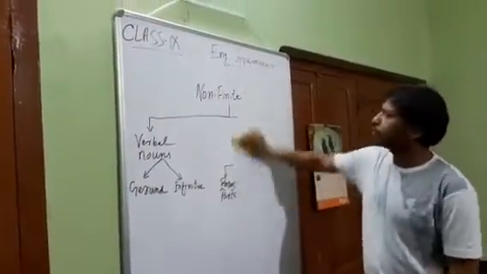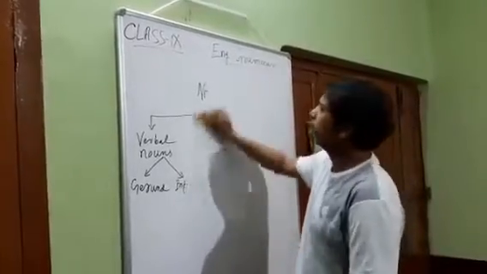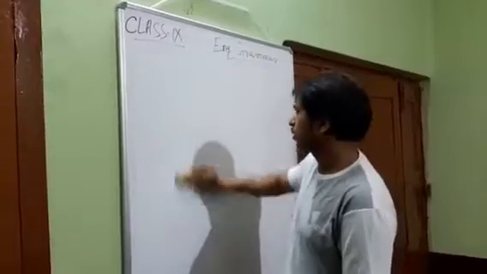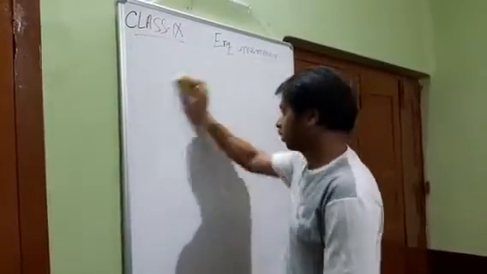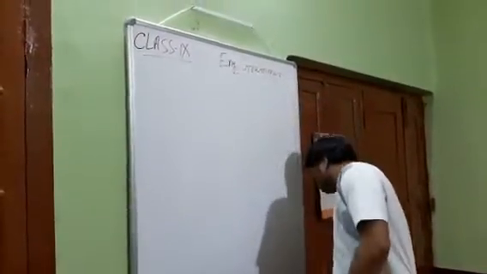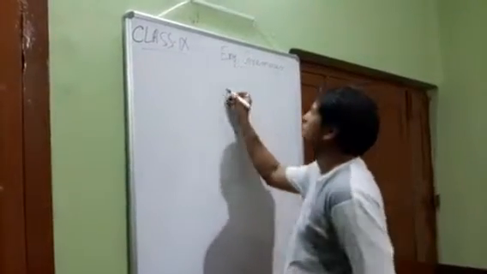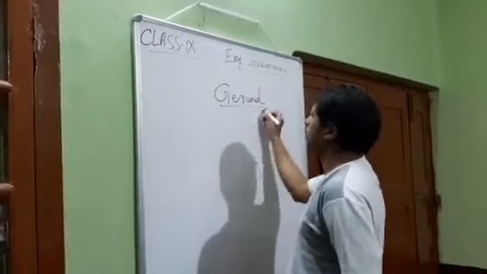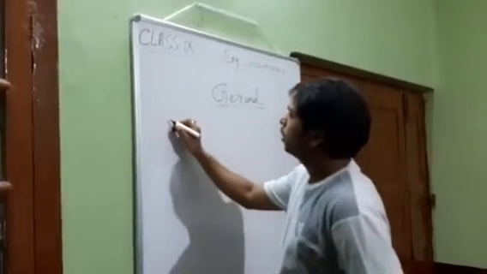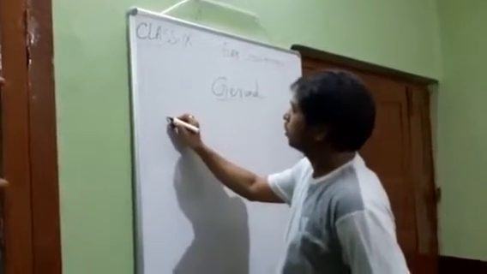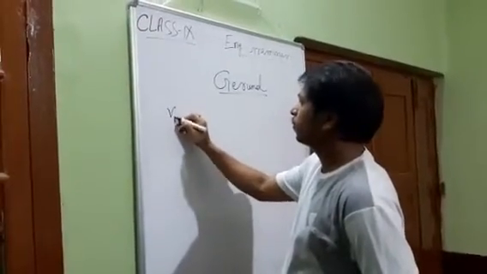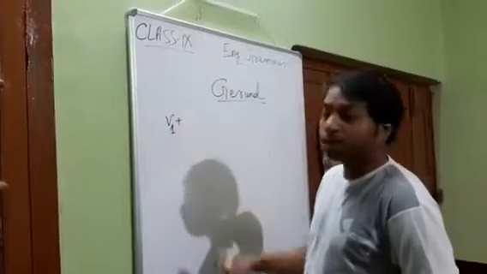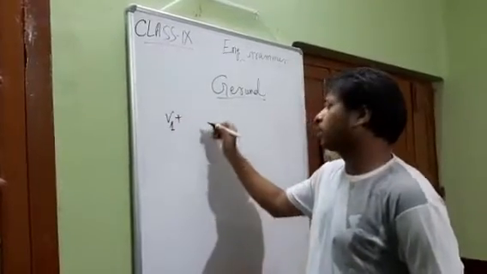At first we will focus on the gerund and the infinitive. Gerund. It's derived out of verb 1, that means the base form of the verb, the root form of the verb.